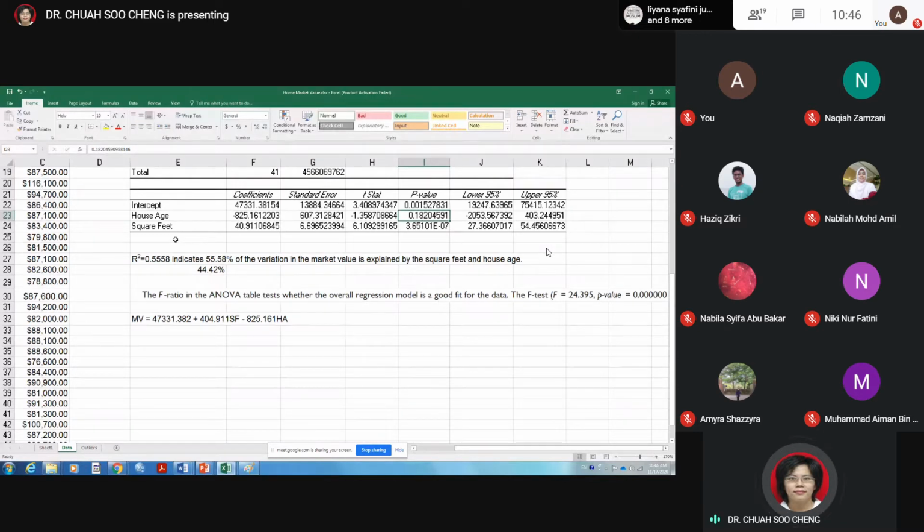While for square feet, how many zeros do we have? 0.000000365. So it means that square feet has a significant relationship, but not house age. You get what I mean here?